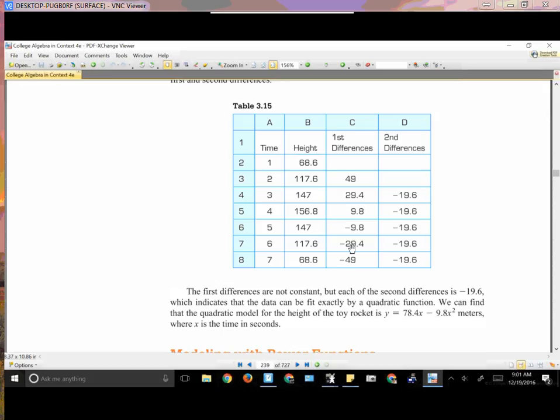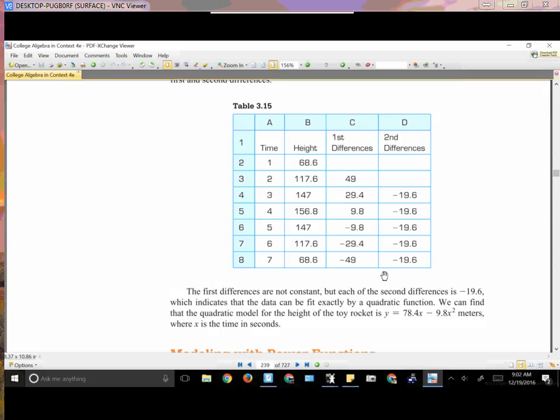So when I see that the differences are not uniform, I know that this will not be linear. When I take a look at the second differences, I see that the second differences are all the same. The second differences lead us to the fact that, okay, this is a quadratic function.